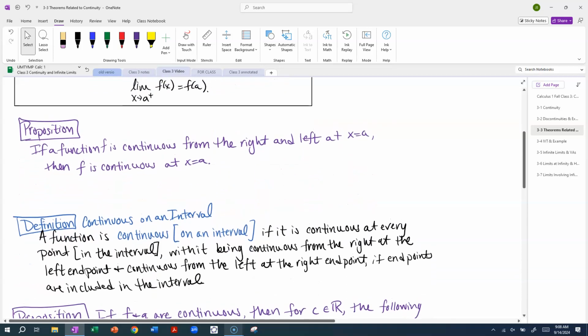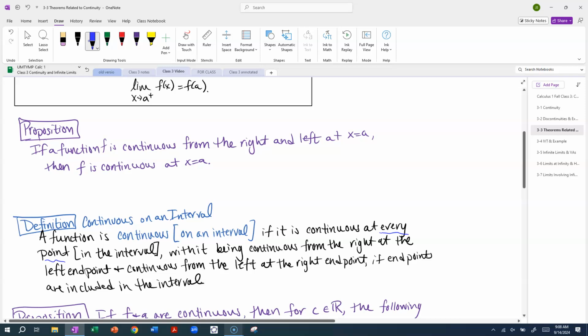And then continuity up until now has been defined at a point, but when we talk about a function being continuous, generally when we use just "it's continuous," we mean on an interval, on its domain, on some larger set of numbers rather than just a point. That means it's continuous at every point in the interval.